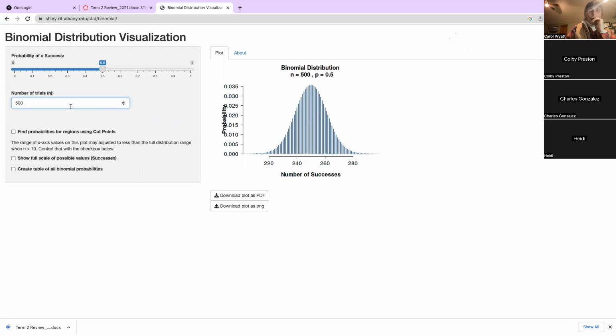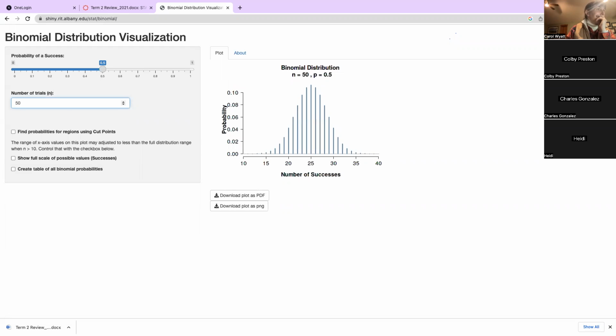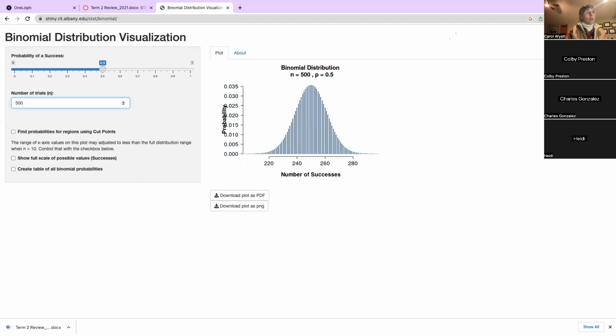But if I change it down to this one, you have a better chance of getting these successes. So when you make this bigger, because the sample size is larger, you're getting closer and closer to the expected value.